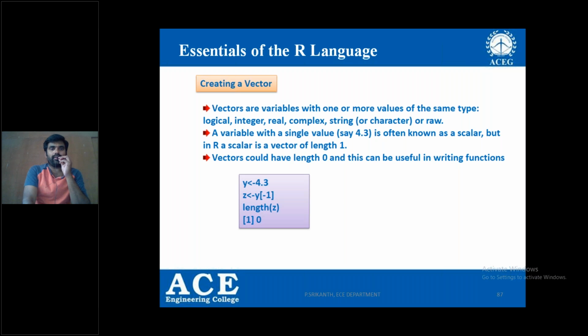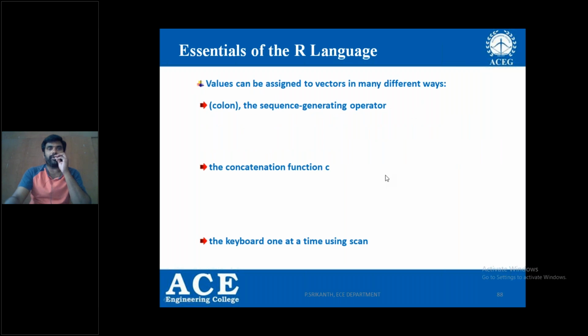So to make the length equal to 0, I have to assign like this: if I say z is assigned with y of -1, then z becomes a vector with length 0, right? So it is used while writing functions in the R language, that is, not predefined functions but user defined functions.